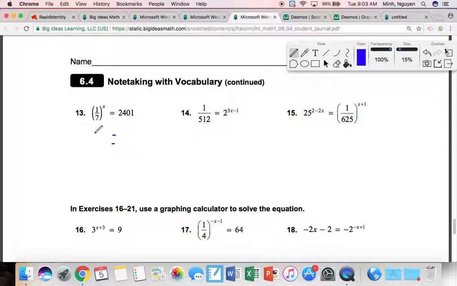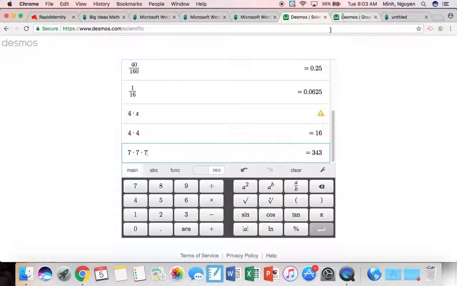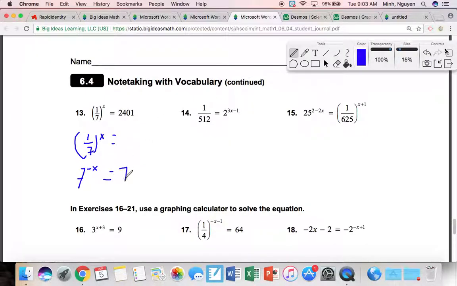Let's see. 1/7 to the x equals, this is actually 7 to the negative 1. So this is 7 to the negative x equals 7 to how many? 7 to the 4th. So negative x equals 4 divided by negative 1. x equals positive 4.